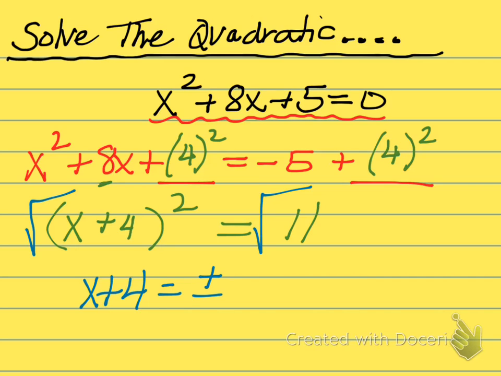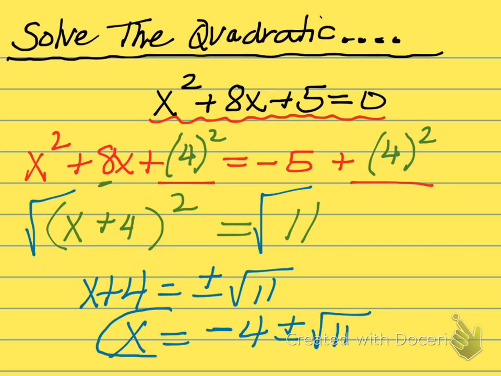Well, that's not a perfect square number, and I can't simplify it. Don't plug it into your calculator. Just leave it square root of 11. So our final answer, getting x by itself, would be x equals negative 4 plus or minus the square root of 11. So that's how we would do this problem using completing the square.